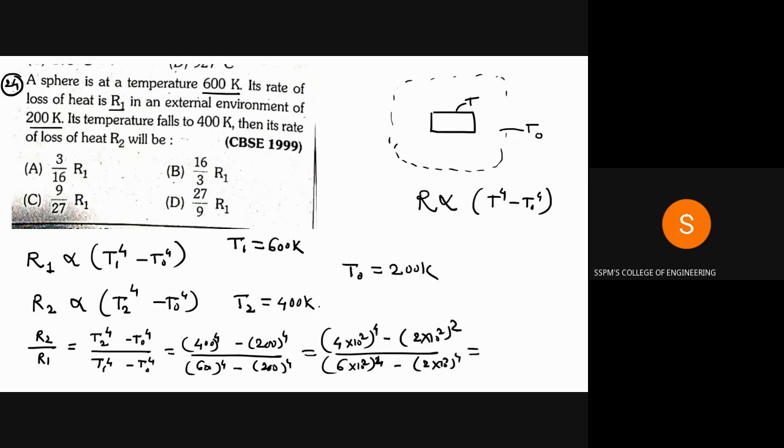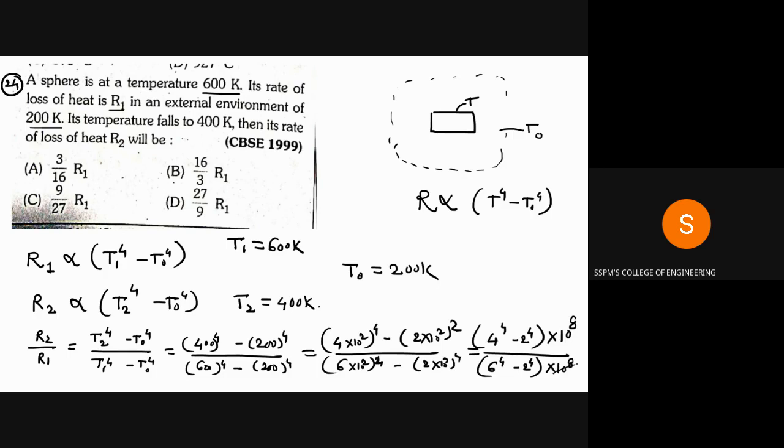So 10 square raised to fourth will be 10 to the power 8. So we can write 4 raised to fourth minus 2 raised to fourth into 10 to the power 8. Okay, so you can take 10 to the power 8 common. Similarly, 6 raised to fourth minus 2 raised to fourth into 10 to the power 8.